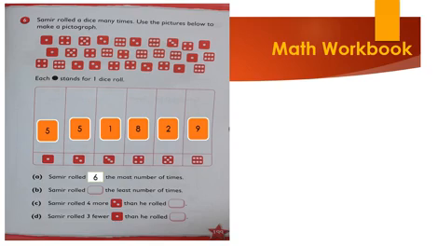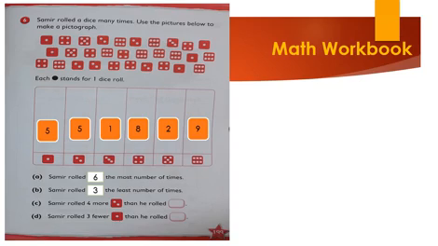Okay, letter B. Samir rolled blank the least number of times. Which dice did he roll the least number of times? Correct, 3.